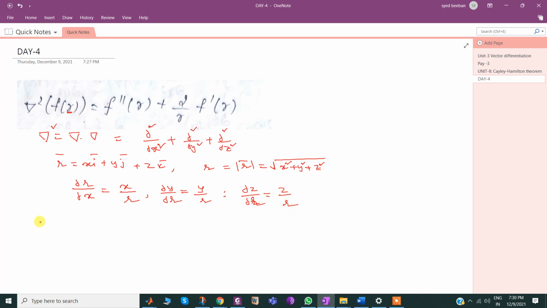Now I cannot differentiate twice at a time, so I may go with the parts. First, dou by dou x of f of r. Unless you know the function clearly, d by dx of log x means 1 by x we can write, but d by dx of f of x I don't know, so simply I write the derivative f dash.